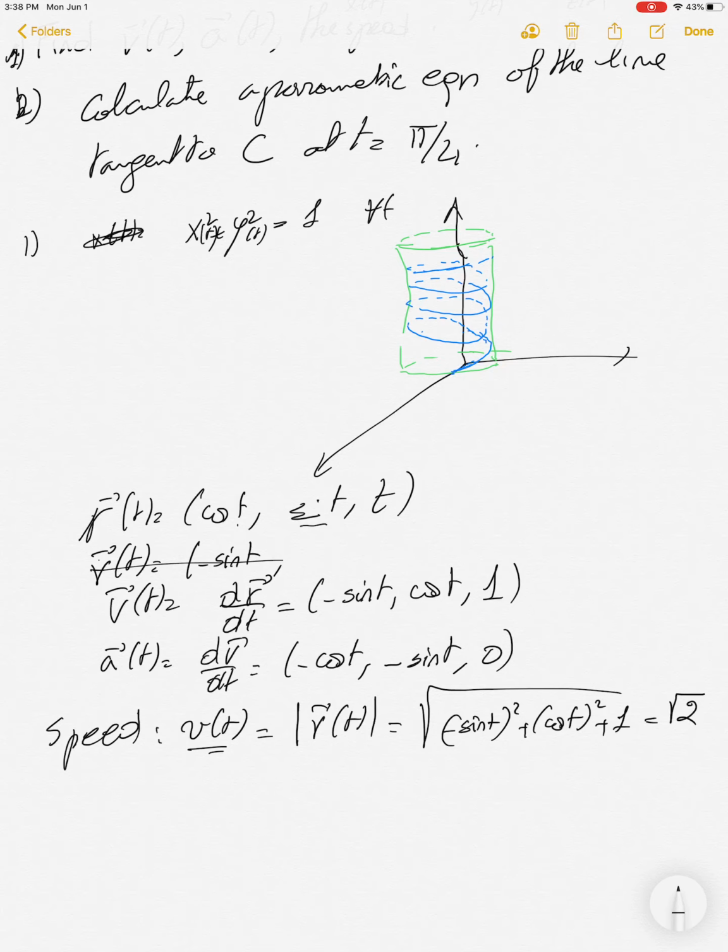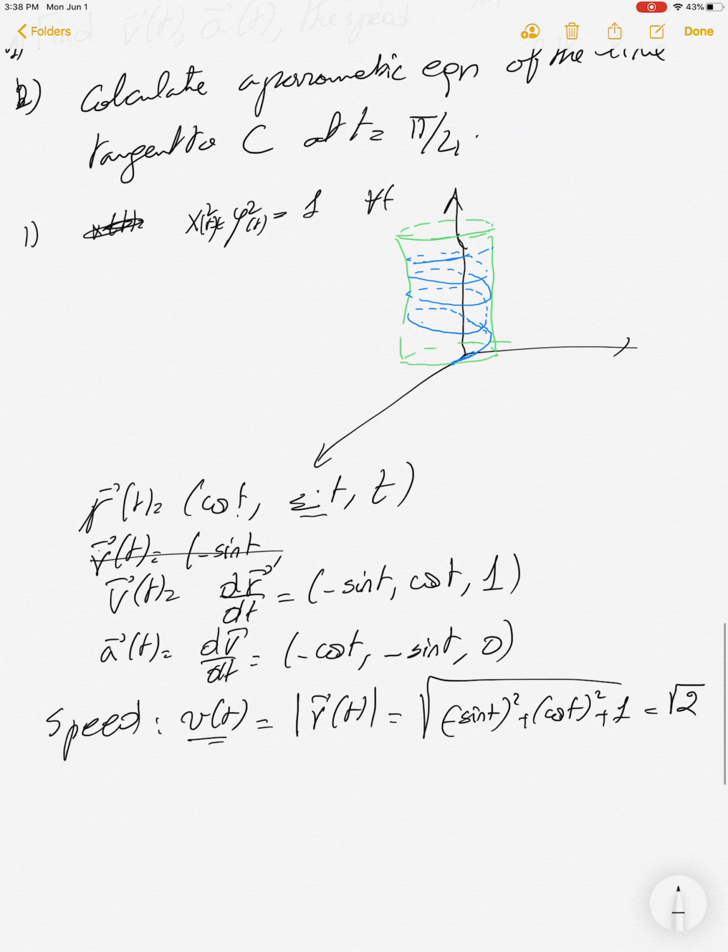And now the question is to calculate the parametric equation of the line tangent to C at t equal pi over 4. Now what do I need to calculate the parametric equation of a line? I need a point, and then I need a direction vector.